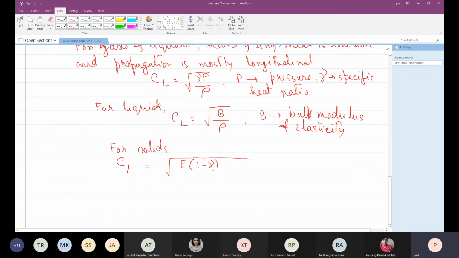Nu is the Poisson ratio. In general, if we have an anisotropic medium and generally this elastic compliance is given by a matrix, then there is not one Young's modulus, but it will be a matrix.